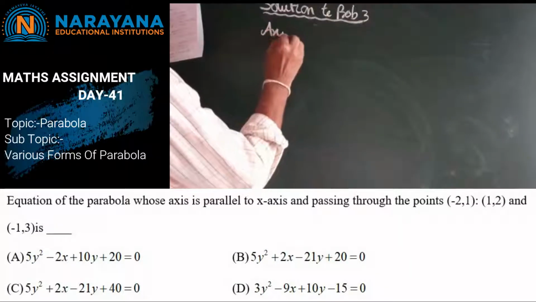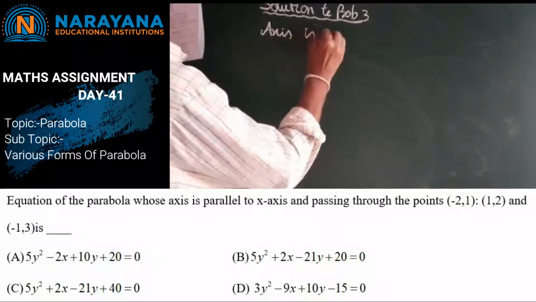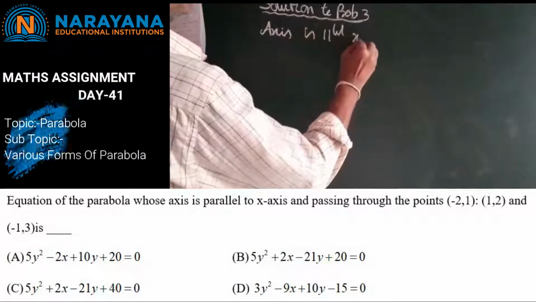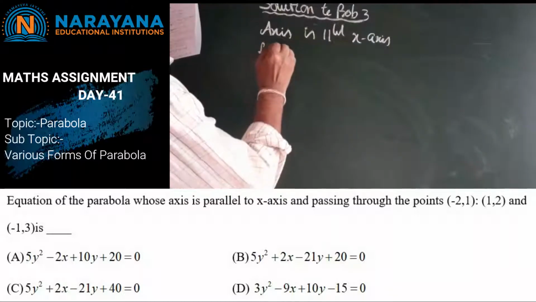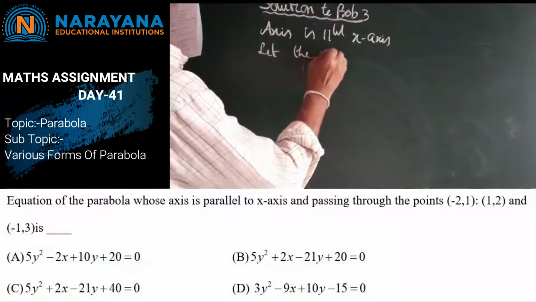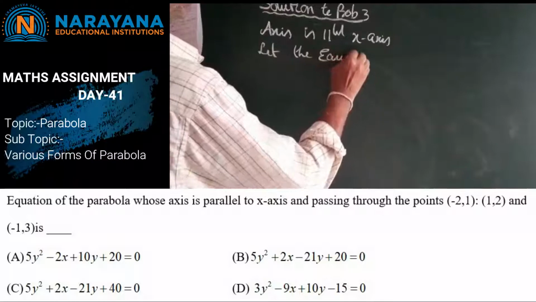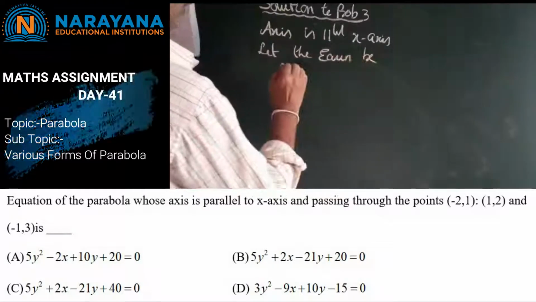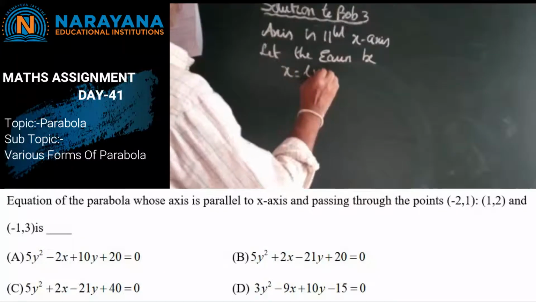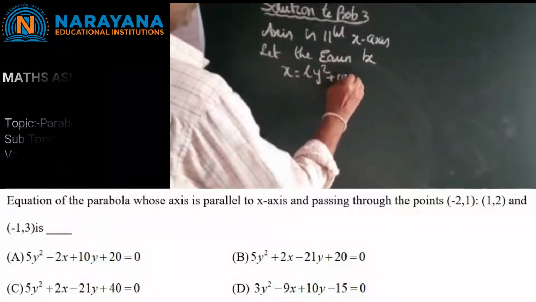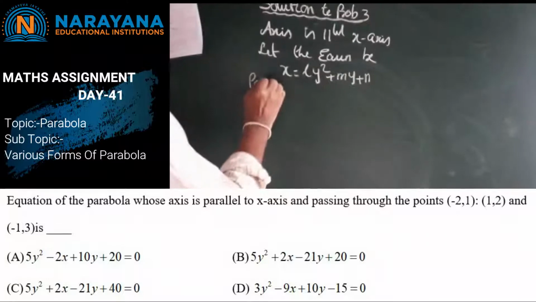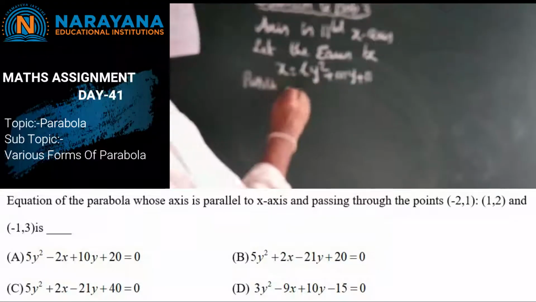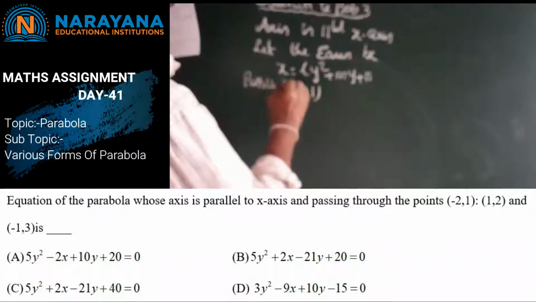Solution to problem number 3. Axis is parallel to x axis. So let us take the equation x = ly^2 + my + n, passes through (-2, 1).